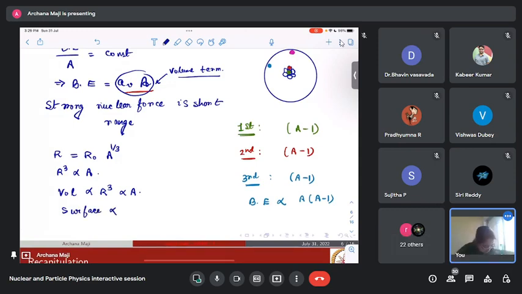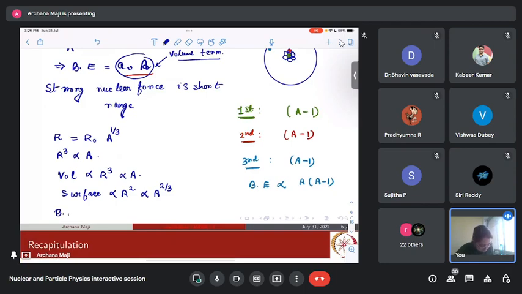So surface will be proportional to R square, and hence proportional to A power 2/3. So the surface term that we add to the binding energy will basically be subtracted from the volume term, as A power 2/3. You understand?